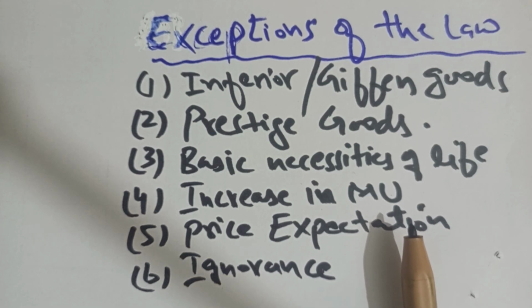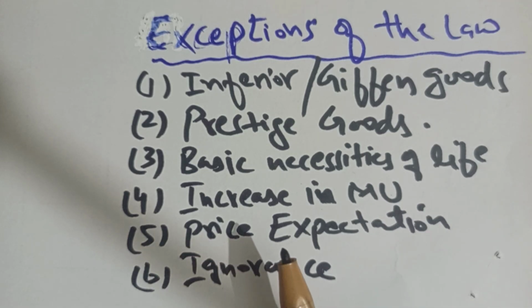For a certain commodity, if its marginal utility increases with the consumption of every new unit of the commodity, then the consumer is willing to pay more price for it.